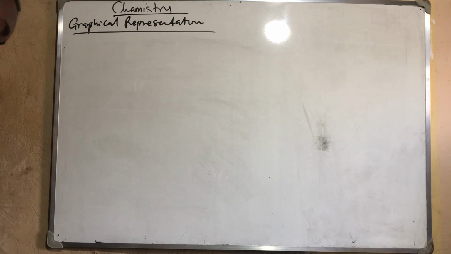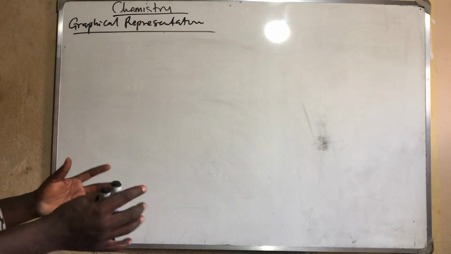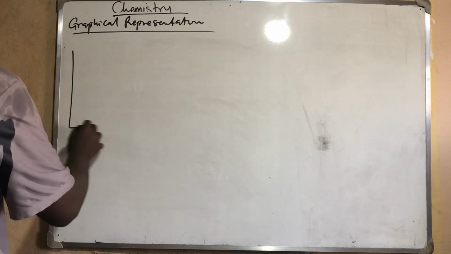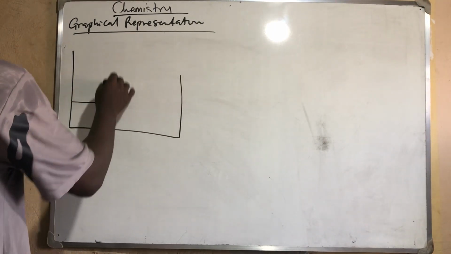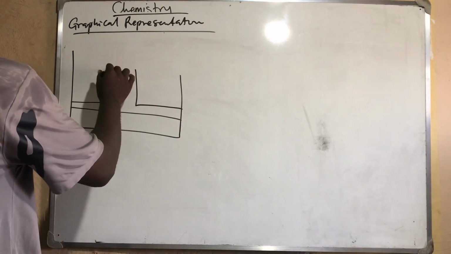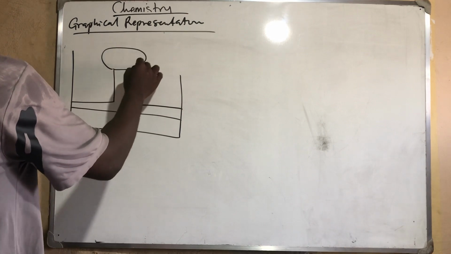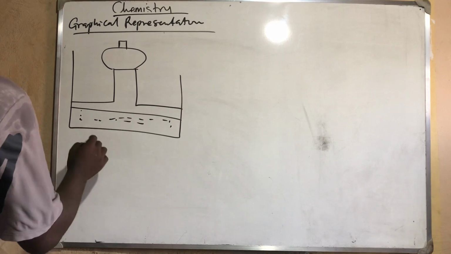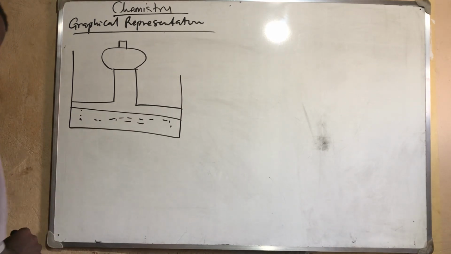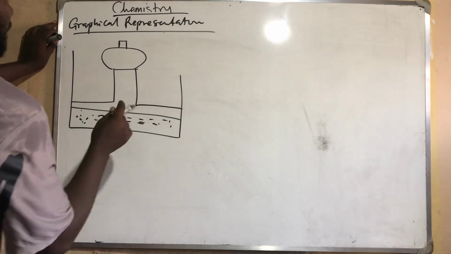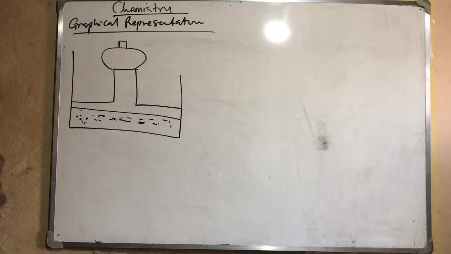Right? So, like we did before, let me explain. If you put a gas in something like this, like we did before, and then we put heat, if we heat this thing, the more you are heating it, the more the particles want to escape.